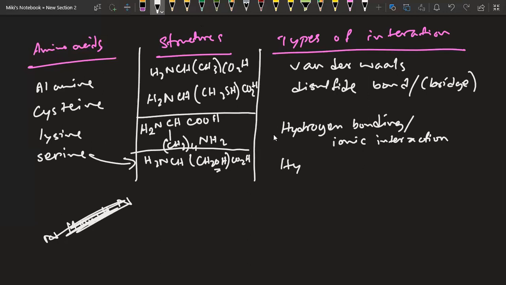For example, if you simply write hydrogen bond, that's correct. If you write ionic bond, that's also correct. You are not required to write both of them, so it's better to write one of them. But write the bonds which are actually present in them. This is hydrogen bonding.